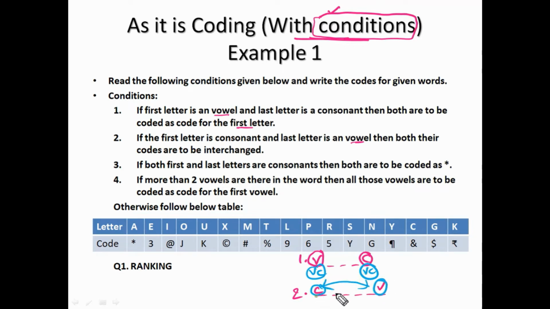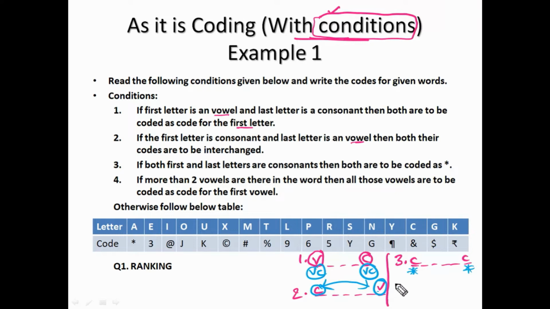In the first place we have to write the vowel code, and in the last place we have to write the consonant code. The third condition: if both first and last letters are consonants, then both are to be coded as star. First place is star and last place is also a star.